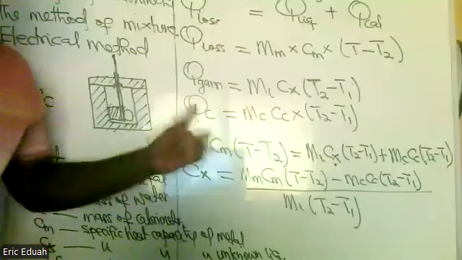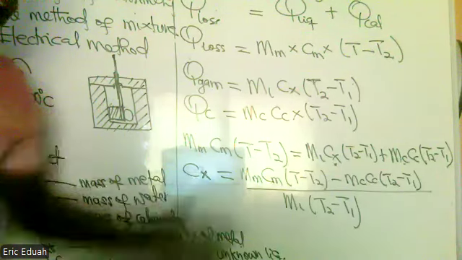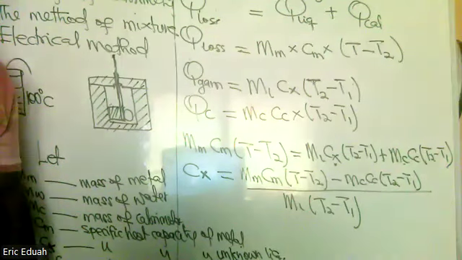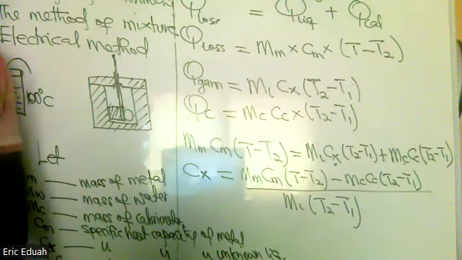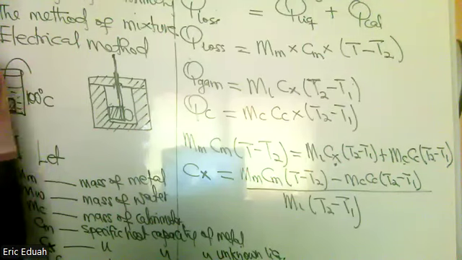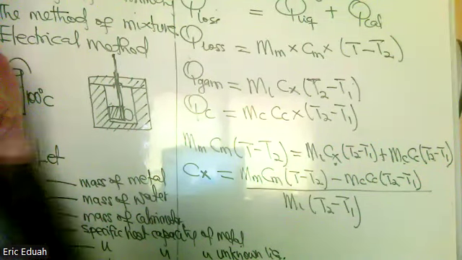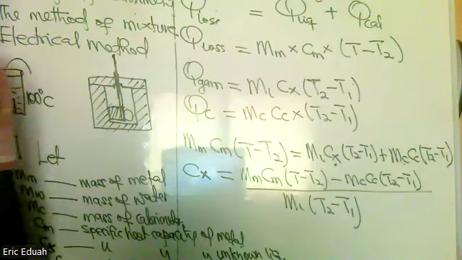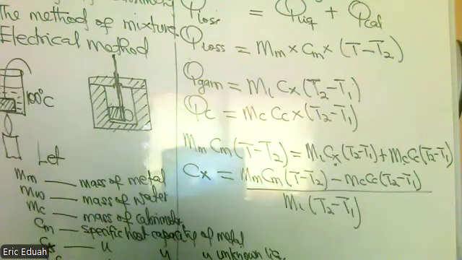Then make whatever you are looking for the subject, and you are good to go. Okay. Now, what about, please, if you are writing, quickly do this, and then I need to clean the board to continue.